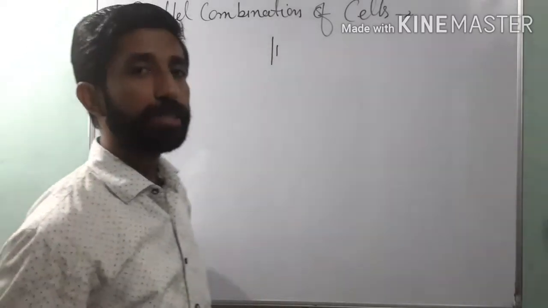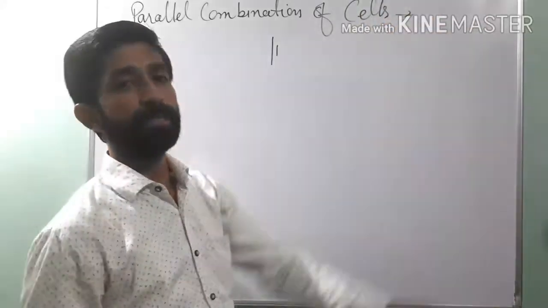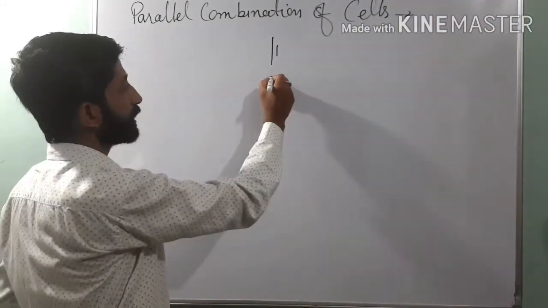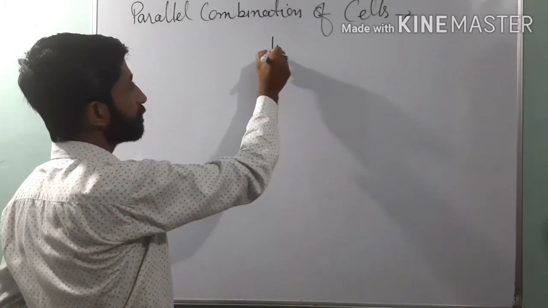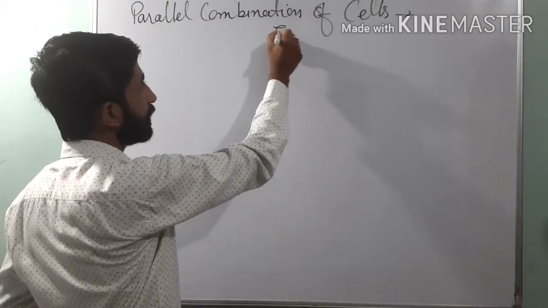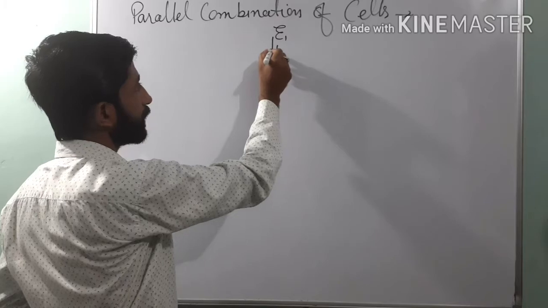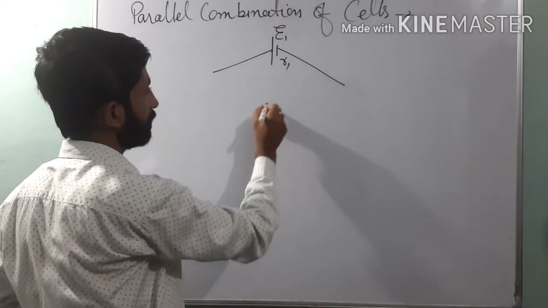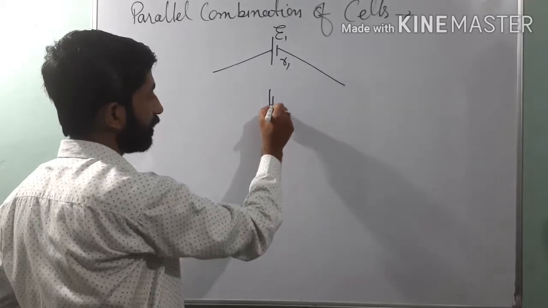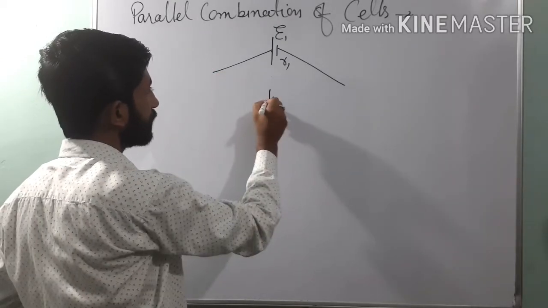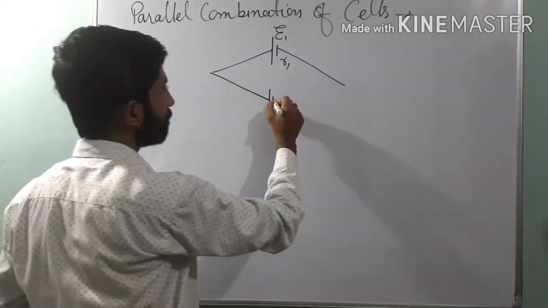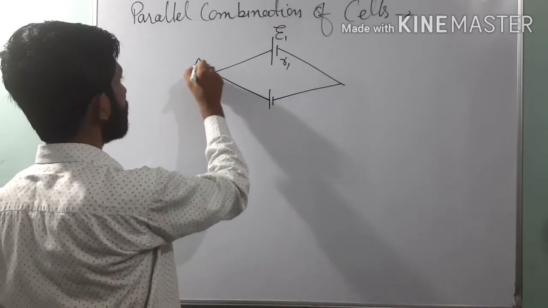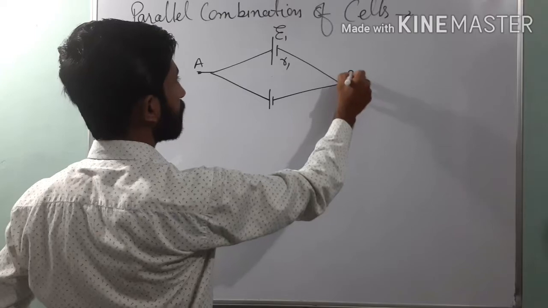For the sake of convenience we could take a large number of cells, but for practical purposes we are taking only two cells. This cell has E.M.F E1 and its internal resistance is R1. So this is one more cell, and they are connected in parallel between the two points A and B.